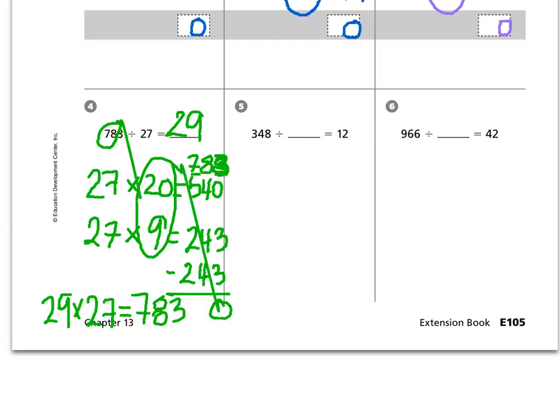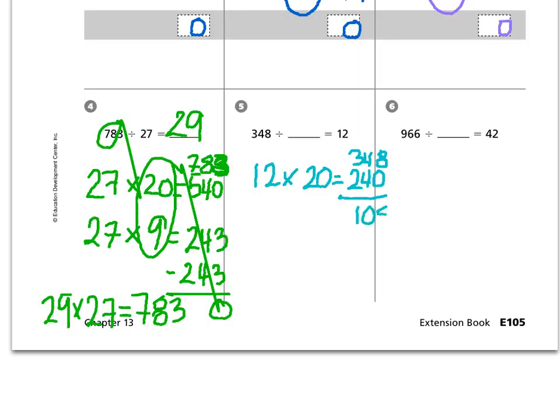We're going to do the same thing for number 5, where I have 12 times what is going to get me close to 348. And I know that 12 times 20 is going to end up getting me 240. So I take 348 minus 240, and I'm going to end up getting 108.